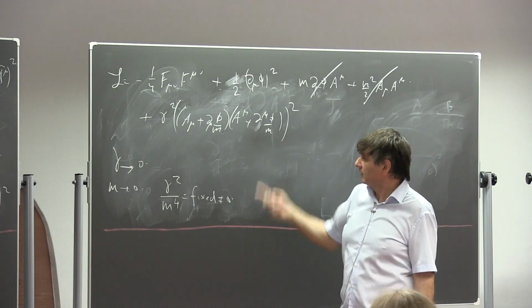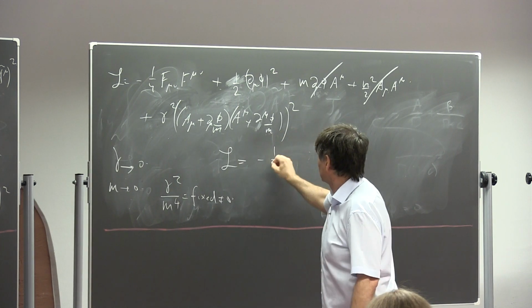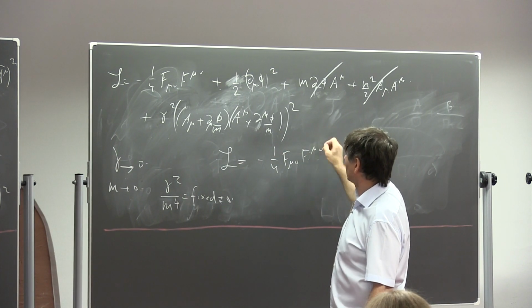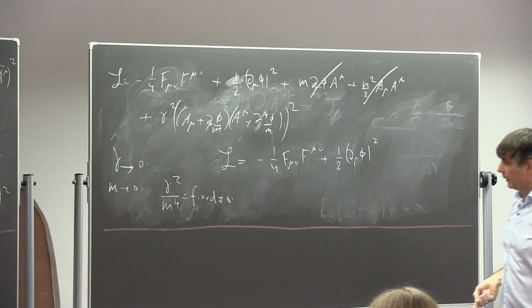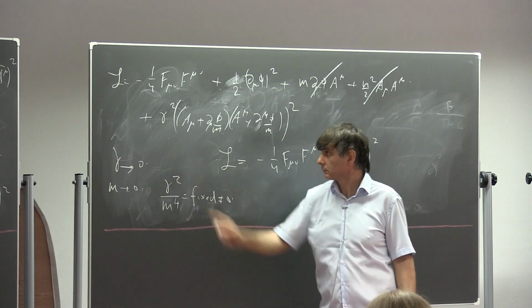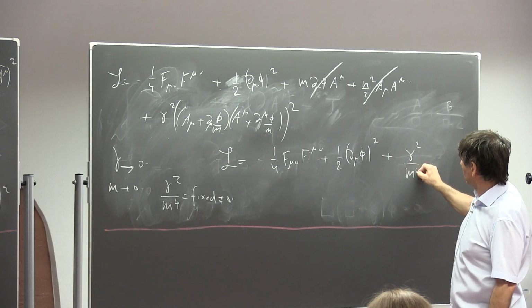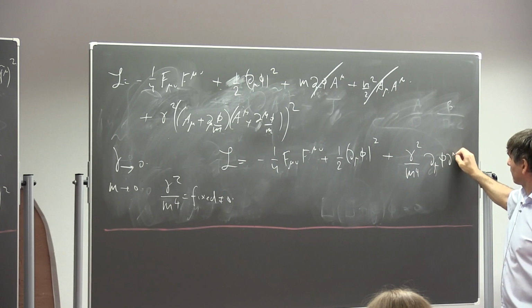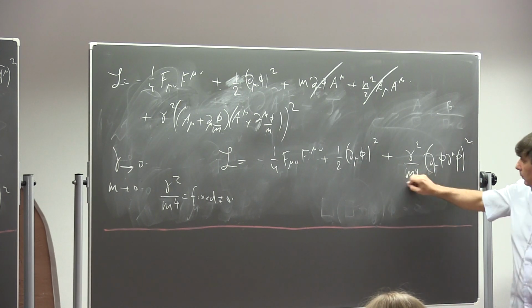So in that limit, the theory becomes a Maxwell plus a decoupled scalar with a self-interaction, with a fourth order derivative self-interaction, with this finite coefficient.